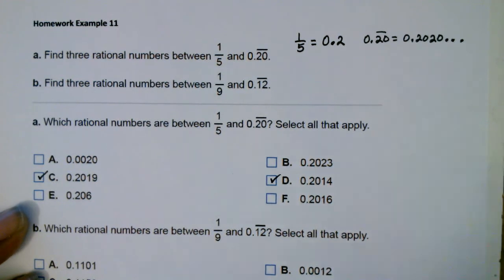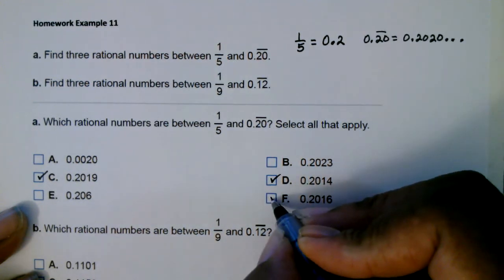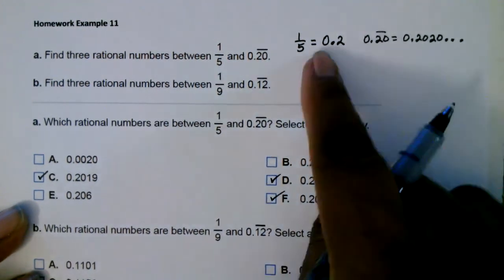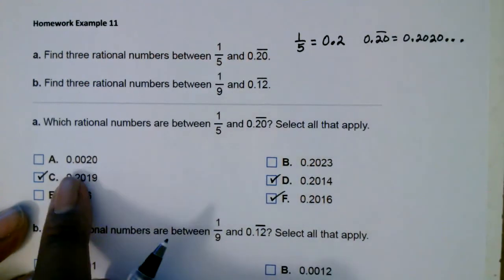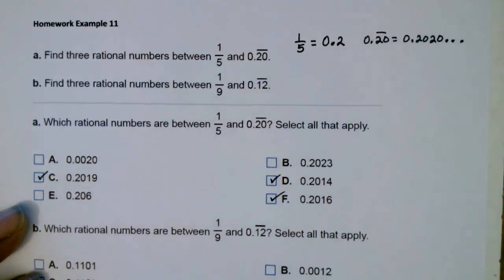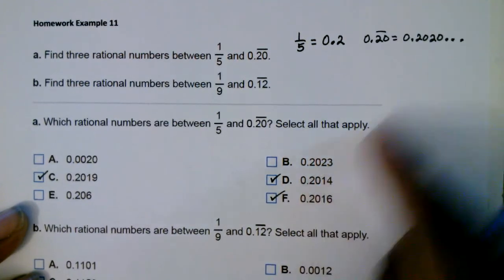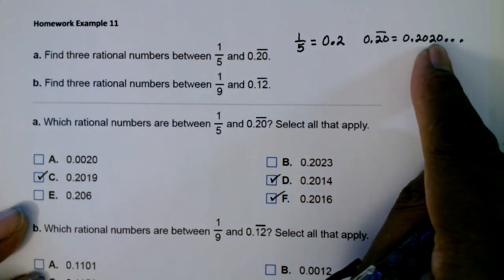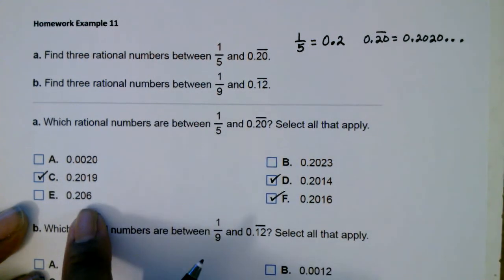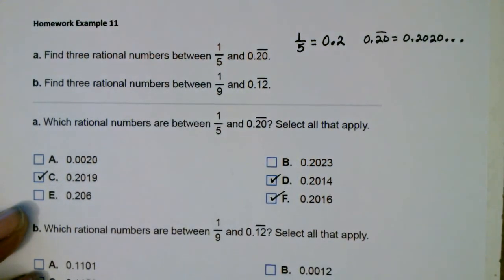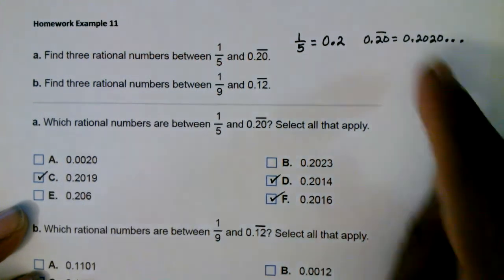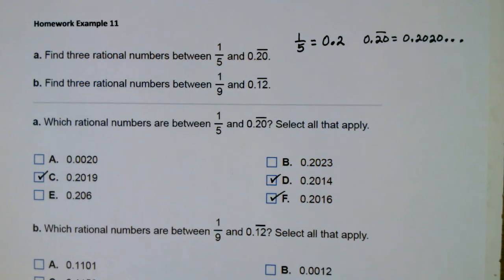And also 0.2016 is between 0.2 and 0.2020. 0.0020 is less than 0.02. 0.2023 is bigger than 0.2020, and 0.206 is bigger than 0.2020. So here is C, D, and F are the rational numbers that are between 1/5 and 0.20 repeating.